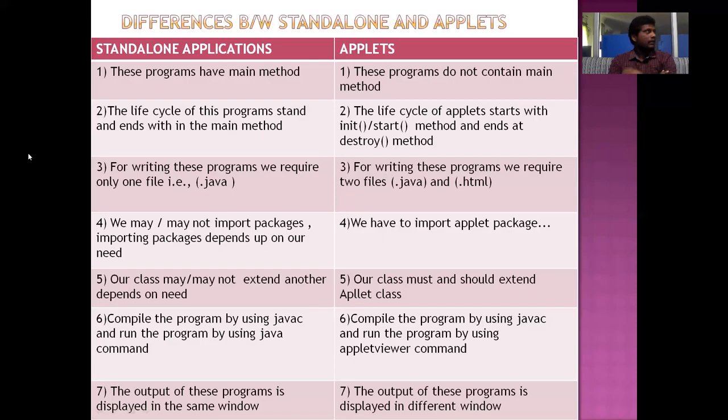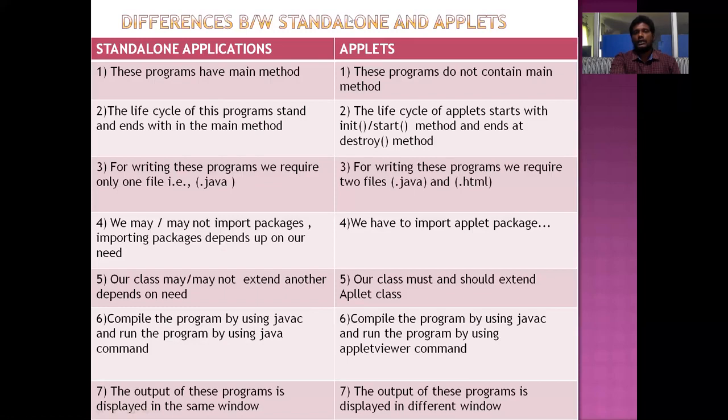So while writing and executing a Java program using standalone applications, we have only one file, and that file should be saved with the .java extension. That is why I mentioned that for writing these programs, we require only one file, the .java file. On the side of applets, for writing applet programs, we need to have two files.